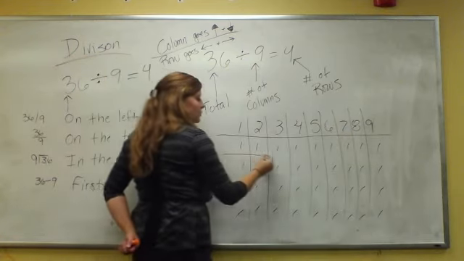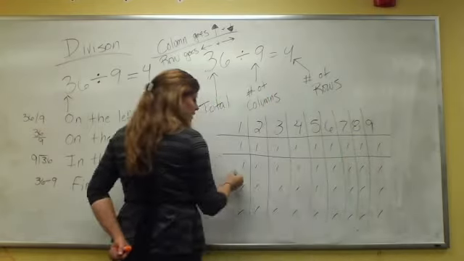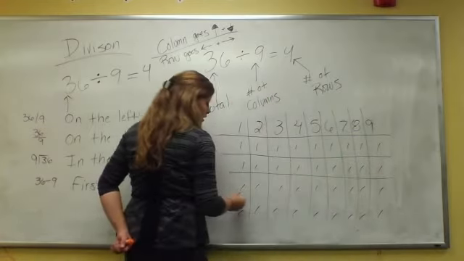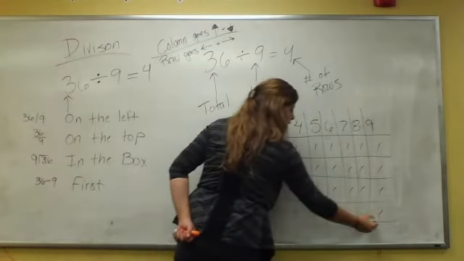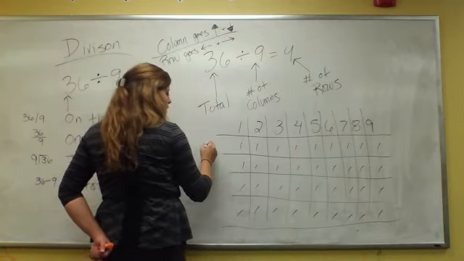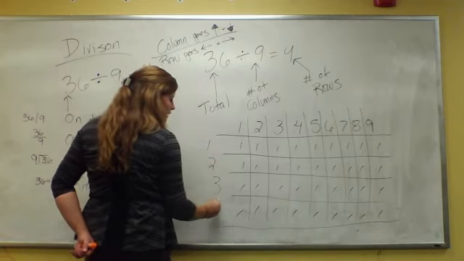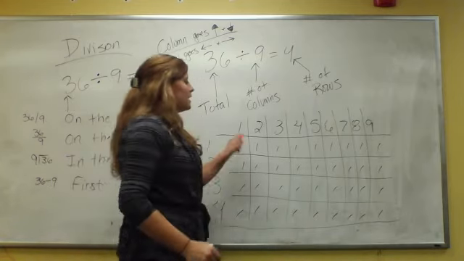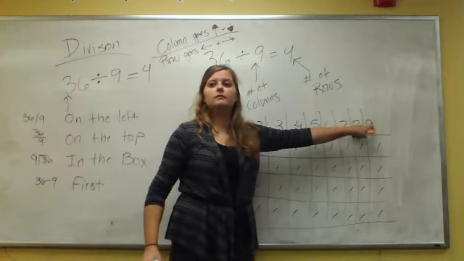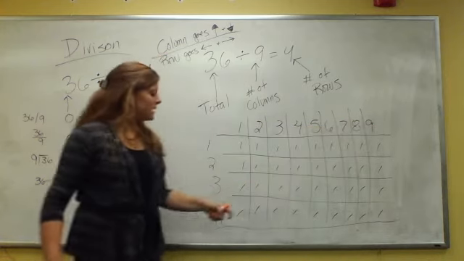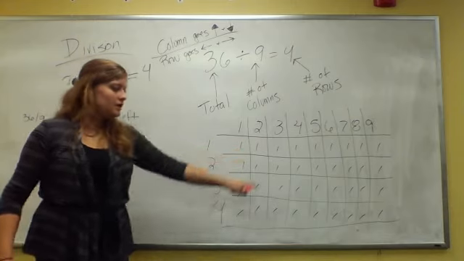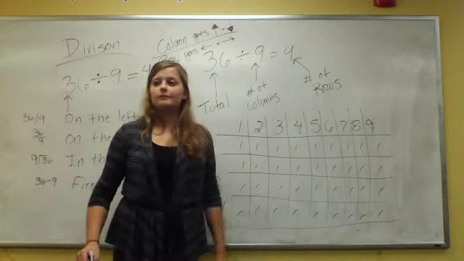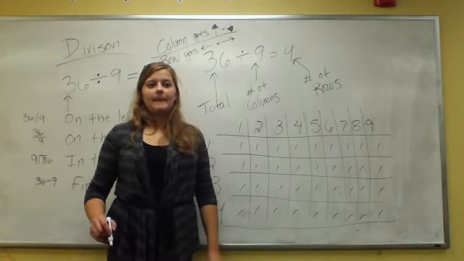I made 1, 2, 3, 4 rows. 9 times 4 is 36.